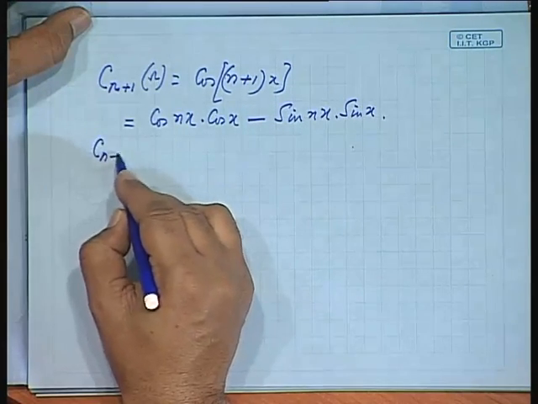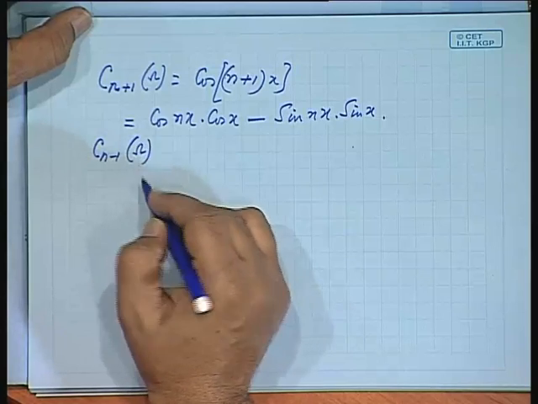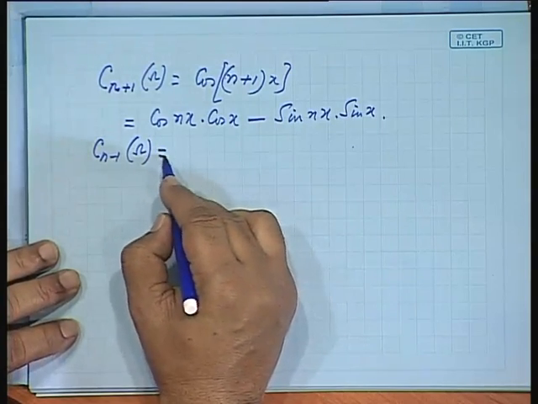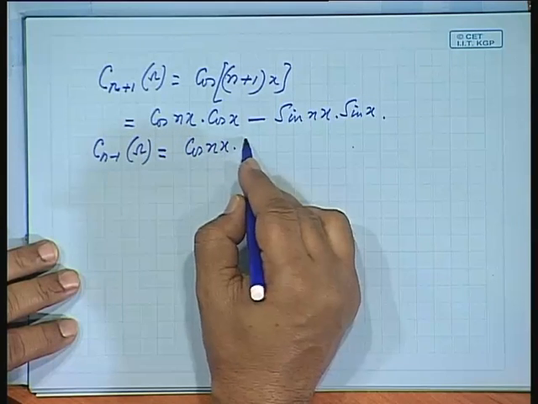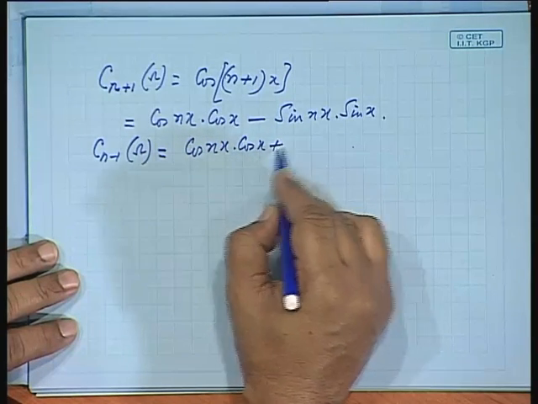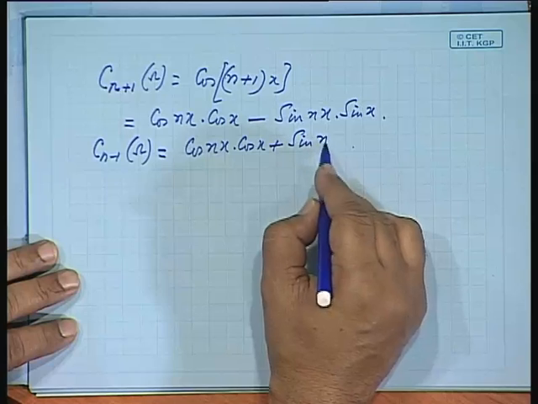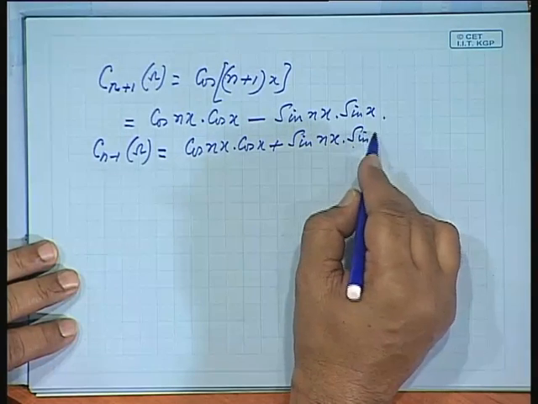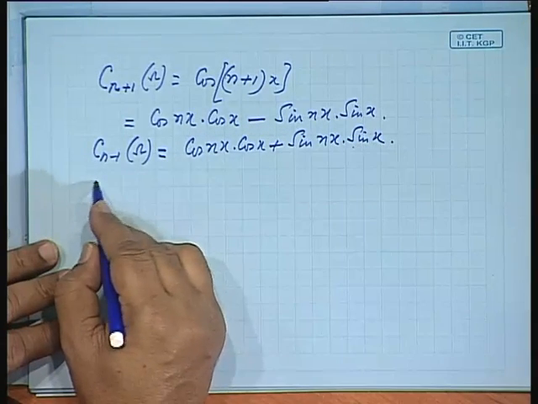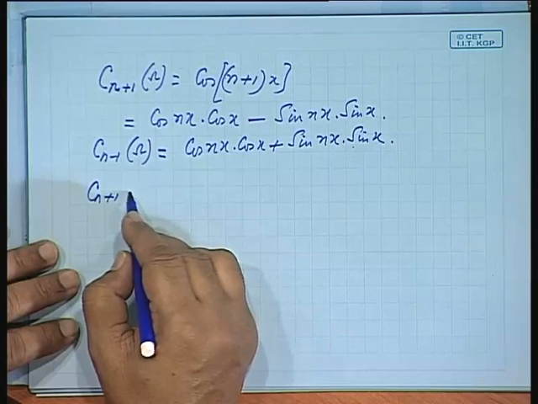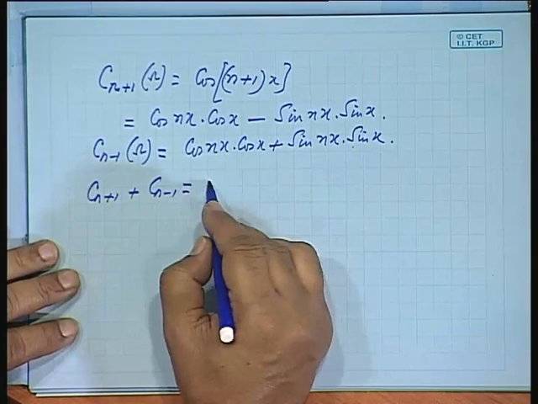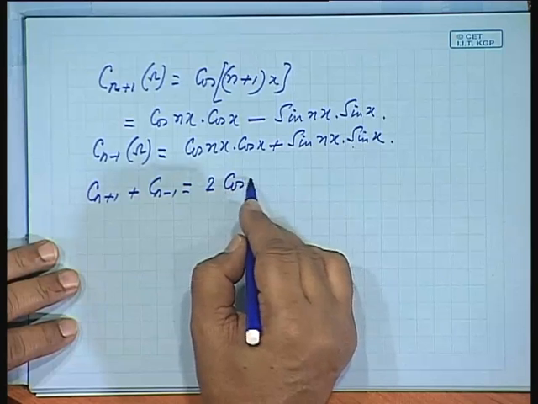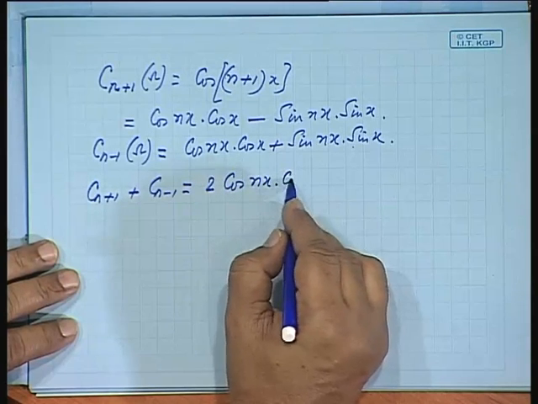Cn minus 1 omega will be cos nx cos x plus sin nx sin x. If I add them together, then Cn plus 1 plus Cn minus 1, that will be twice cos of nx cos of x.